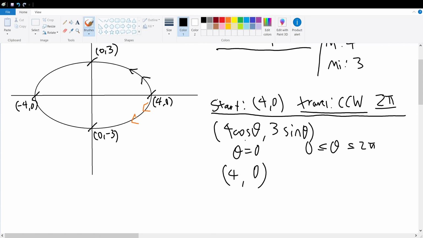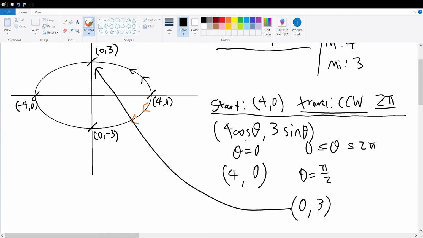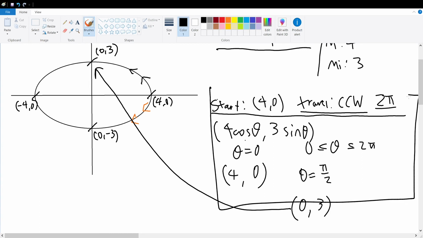We can verify this: when theta is equal to pi over 2, cosine becomes 0 and sine of pi over 2 becomes 1. Hence, when theta is equal to pi over 2, we are at the point right here, showing that it is indeed traveling in the black arrow direction, which is counterclockwise. And therefore, we have parameterized this ellipse for our first example.